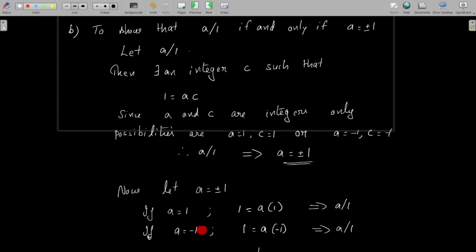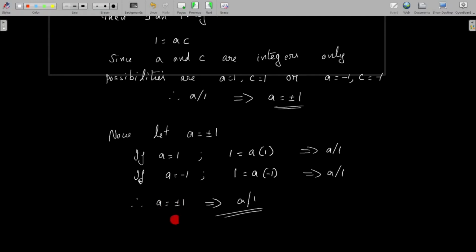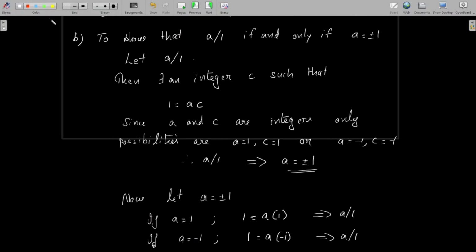Similarly, if a equals minus 1, we can again write 1 as a into minus 1, because a is minus 1, so minus 1 into minus 1 is 1. So from this equation we can conclude that a divides 1. That is, if a equals plus or minus 1, then a divides 1. So we proved that a divides 1 if and only if a equals plus or minus 1.